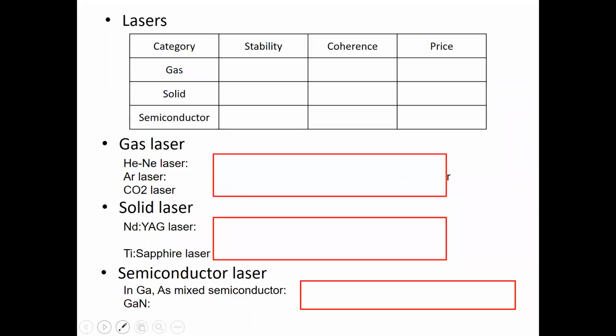And about lasers, you have several options of lasers. And the lasers are categorized depending on the medium for laser emission, which are gas laser and solid laser and semiconductor lasers. And I just tabulated here the properties of each type of lasers.